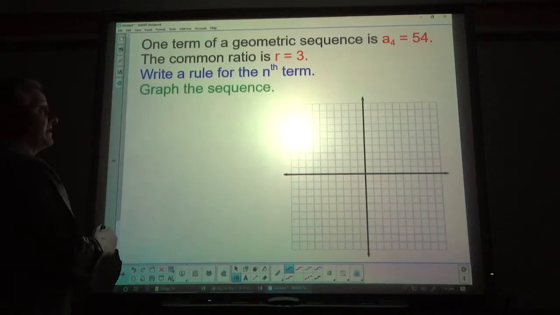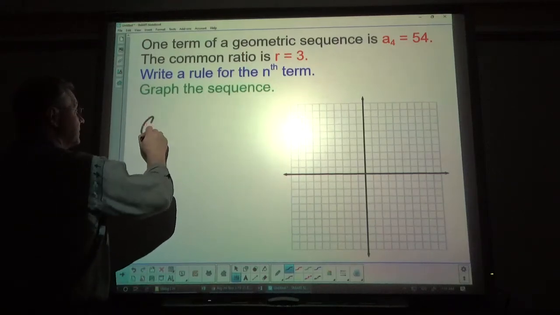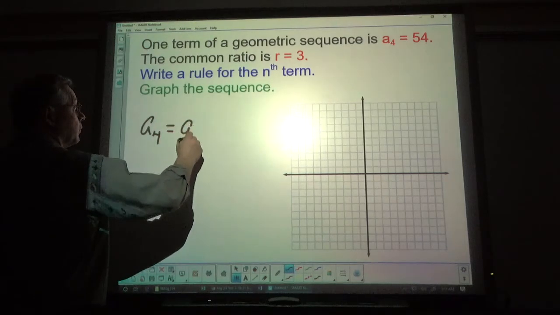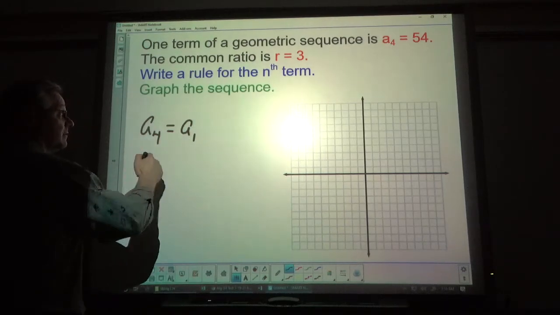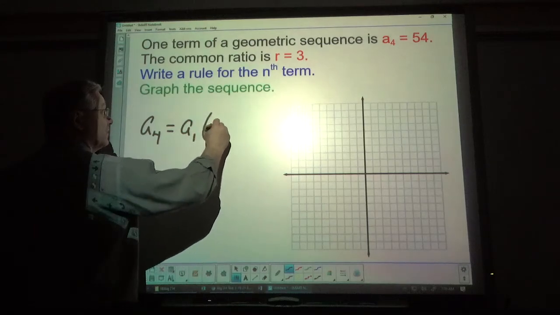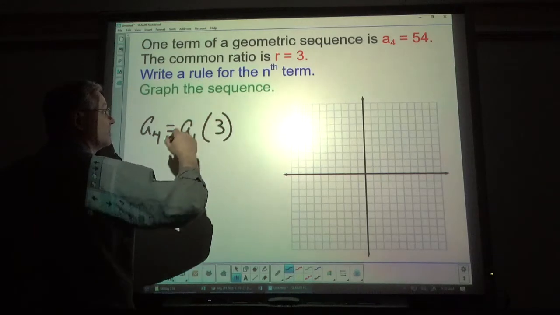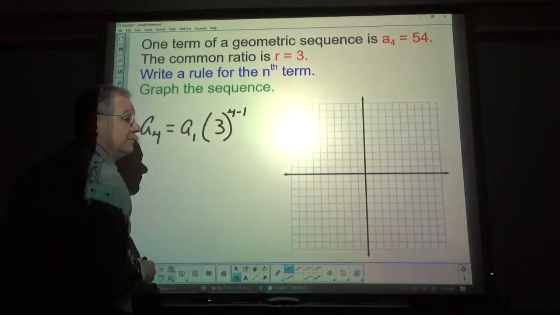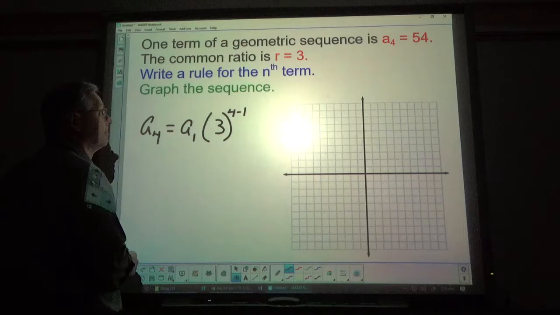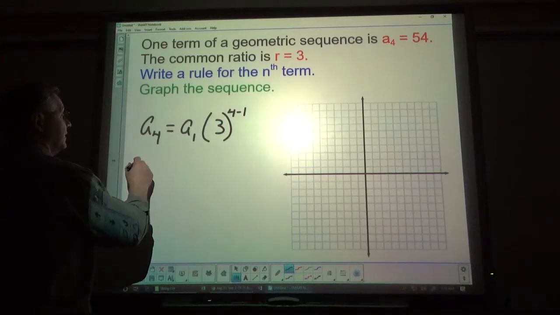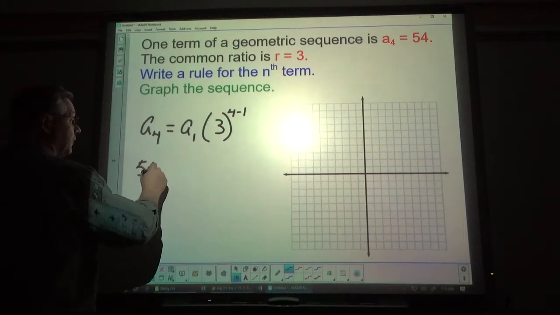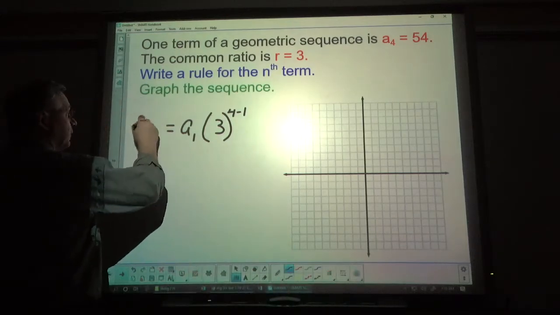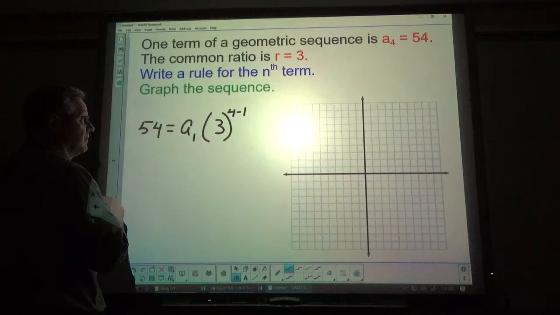So in this one, a sub 4, so we don't know a sub 1, times r, we do know, to the n minus 1 power. Now this is 4 minus 1. All right, so 54, I'm going to replace a sub 4 with 54 because that's what it equals.